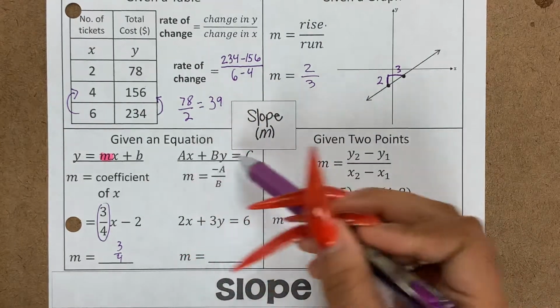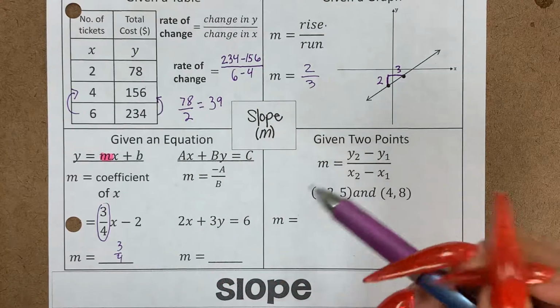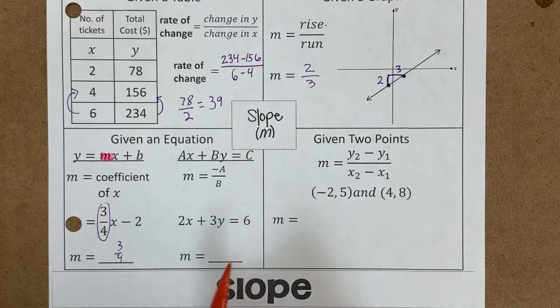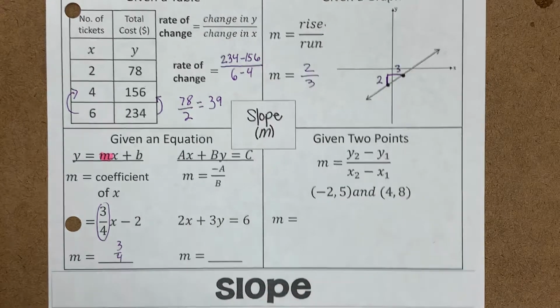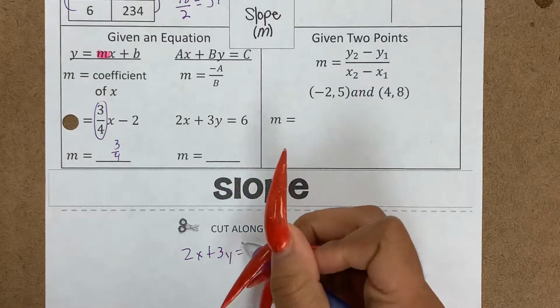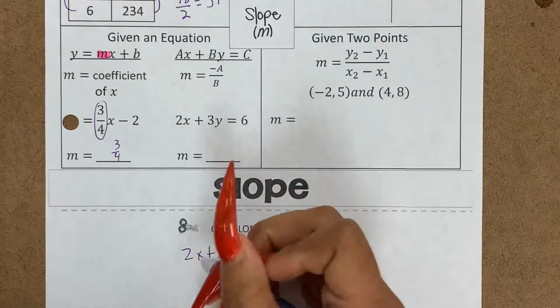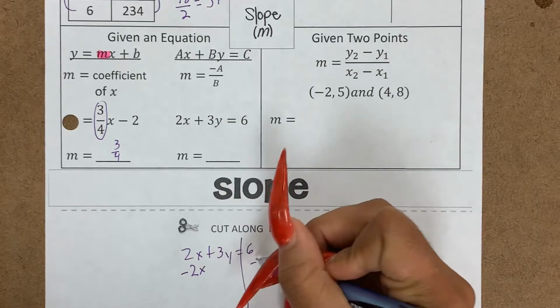Okay, and if it's in this form, which is called standard form, we have to solve for y. So I'm going to write that problem down at the bottom, and we're going to solve for y. So we've been doing this, so you should know how to do it. You're going to subtract 2x on both sides.